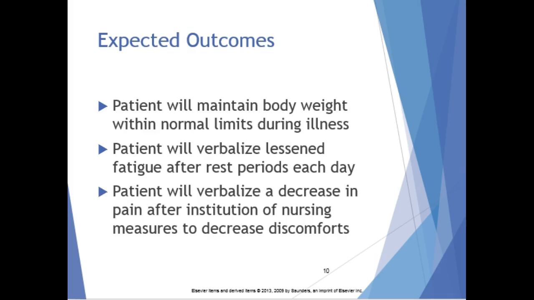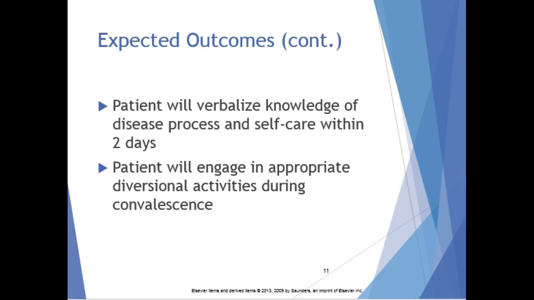The expected outcomes of treatment would be that the patient would maintain body weight within normal limits. They would verbalize lessened fatigue after rest periods each day, and they'd verbalize a decrease in pain. They'd verbalize knowledge of the disease process and self-care within 2 days of being diagnosed, and that patients would engage in appropriate diversional activities during convalescence because the convalescent period is so very long.